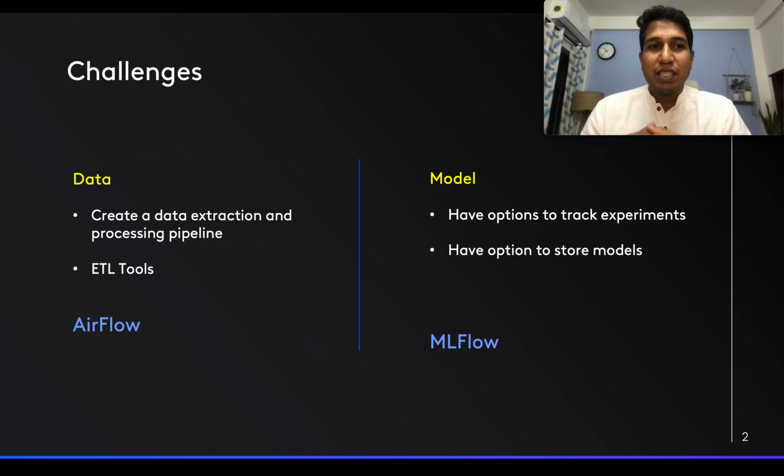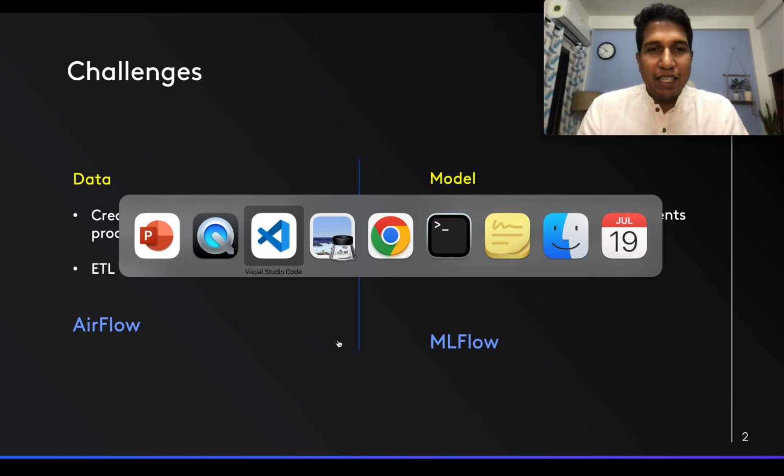Right. So today we are going to discuss a tool called Airflow, which is going to help us with our first challenge, and that is how do we manage our data. And if you remember, we were talking about the Titanic data set, and let us recap what we were trying to do.